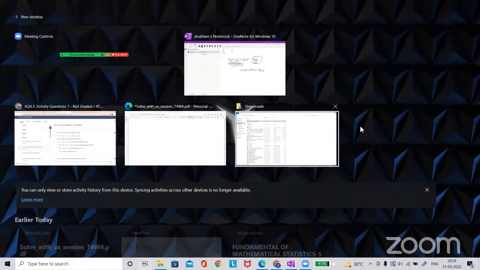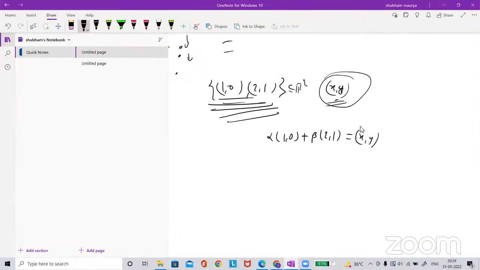Now let's solve this equation. This is alpha plus 2 beta comma beta is equal to xy.